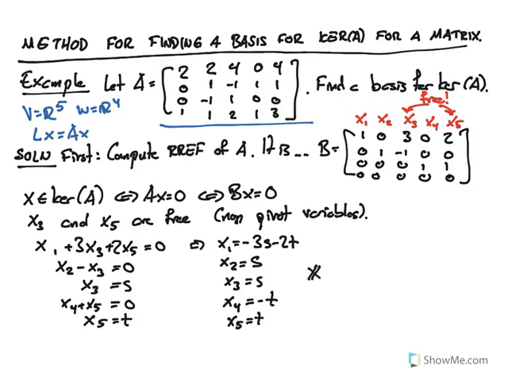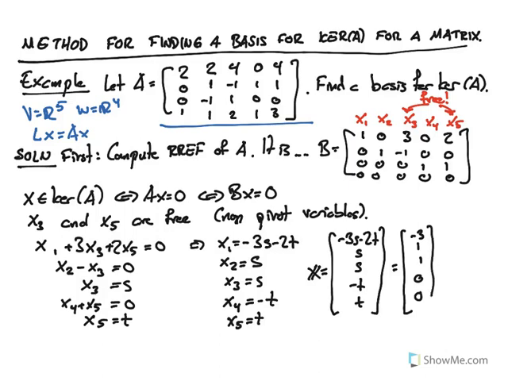So in other words, if we take x, then we get, and now we just split these into two vectors, one that's scaling s, and one scaling t, like that.